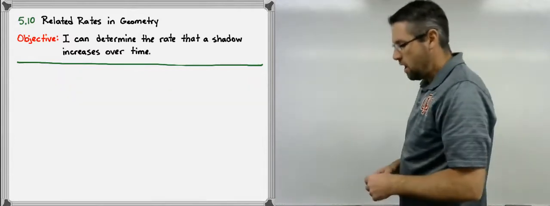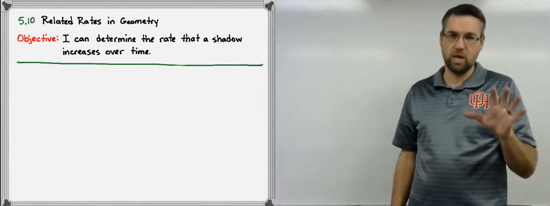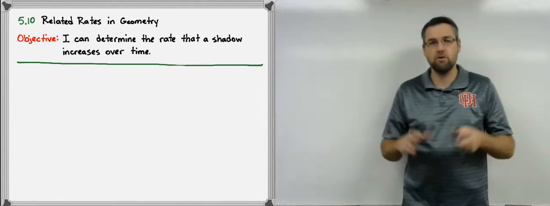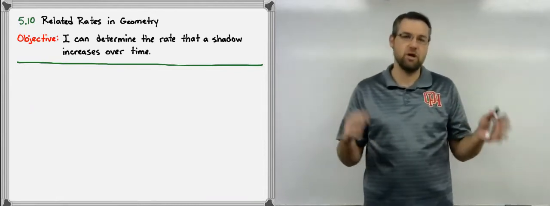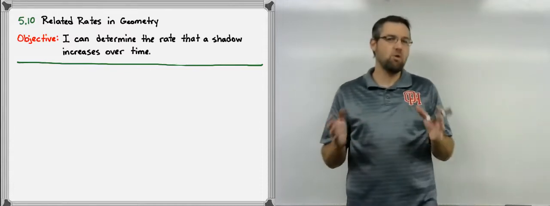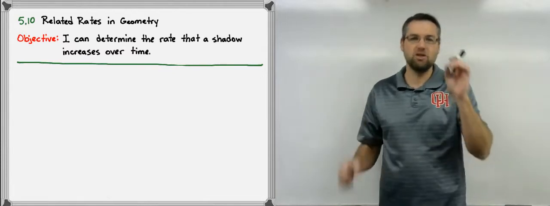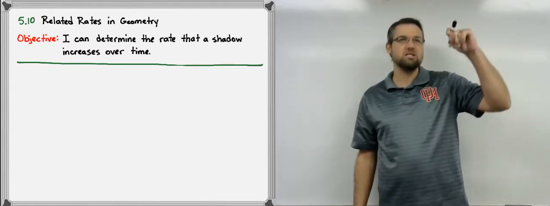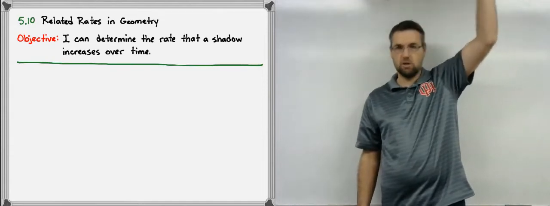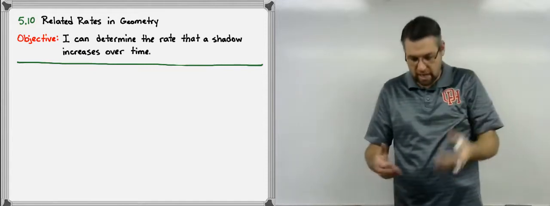But anyways, we have one more example that I want to go over in regard to related rates. And this actually goes back to, for those students that were in my class as freshmen in Math 2 or in geometry, a problem that I presented to you, and that was the idea of the shadow. If you are standing under a lamp, under a light in the dark at night, and you look down, you see your shadow.